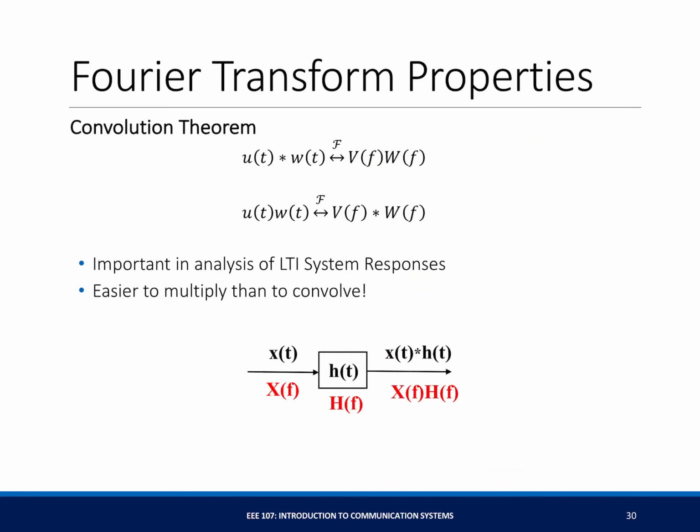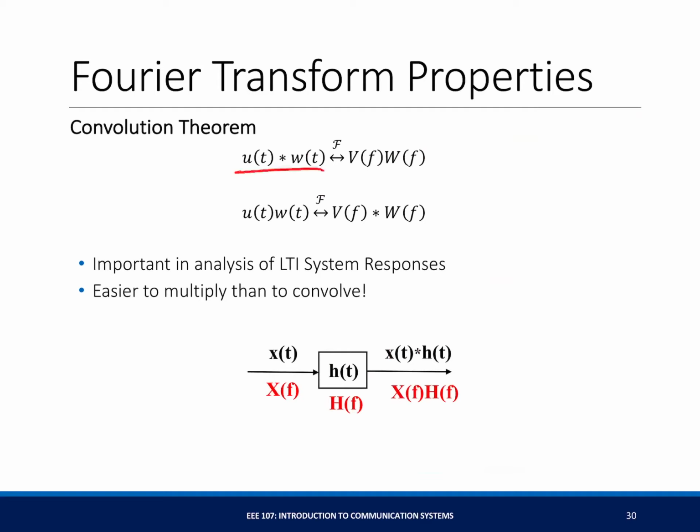And finally, we have the convolution theorem. And this is a handy way of analyzing your signals, especially in your communication signals where you pass through a lot of system blocks. Since we're talking about a linear time invariant system, we're going to be talking about convolution a lot, and we don't want to convolve, right? It's a difficult process.